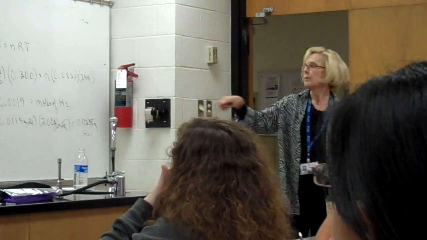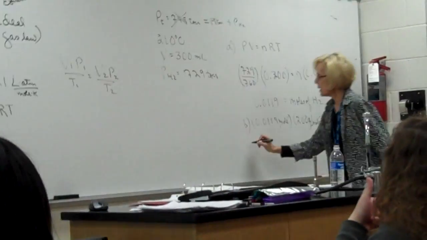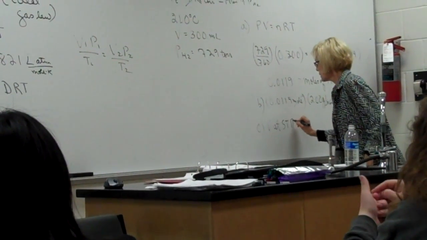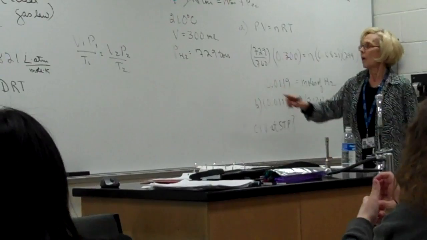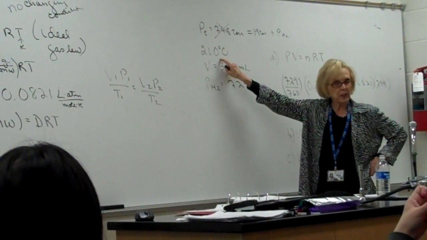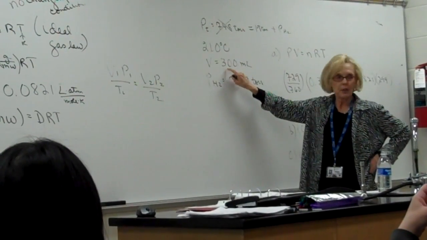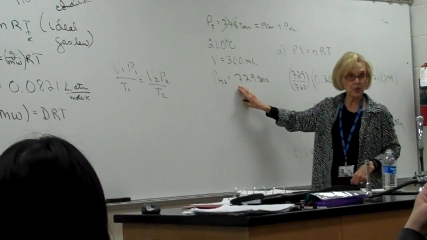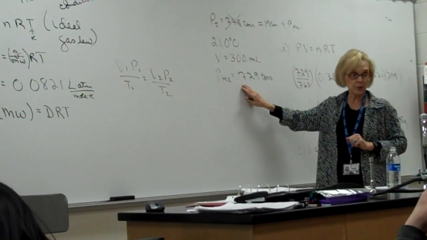Let me just explain. If they say, for part C, volume at STP, we're in the laboratory. We're working at 21. This is the volume when you're working at 21. This was the pressure when you're working at 21 degrees Celsius.